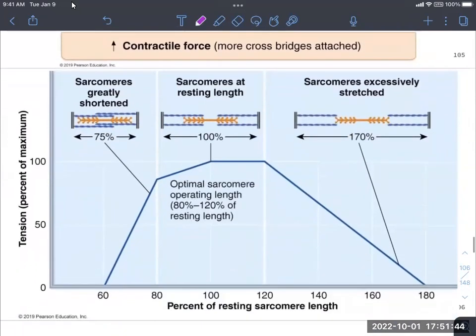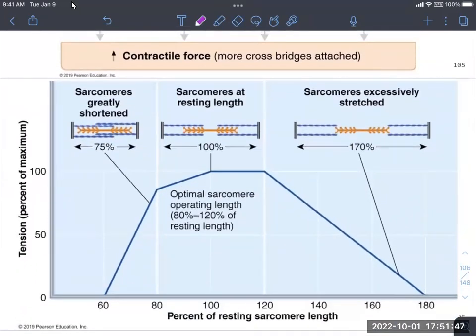So here's some examples. If we're at about 75% of our resting length here, you see how those actin filaments are overlapped? They're gonna not create that much force because they don't have a lot of room to go.